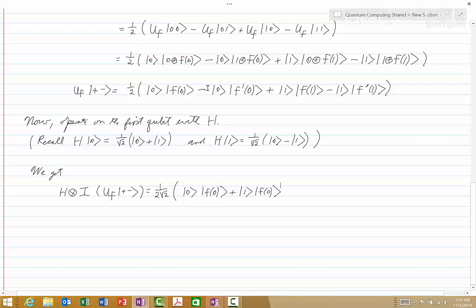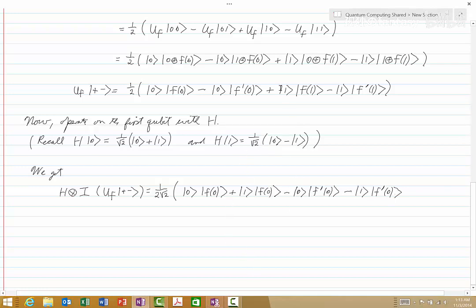And when we operate on the first qubit of this term with H, okay, we'll have minus 0 F prime of 0 minus 1 F prime of 0.